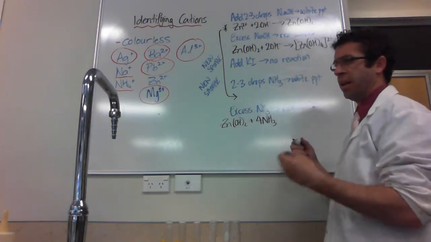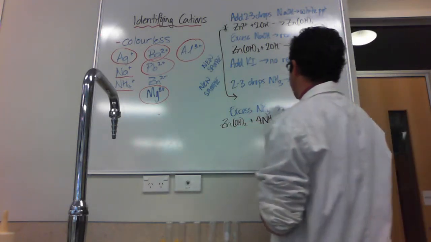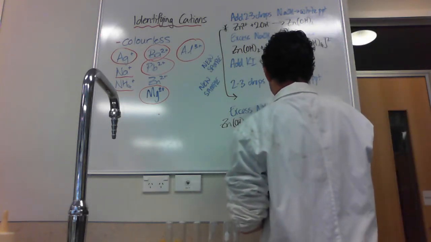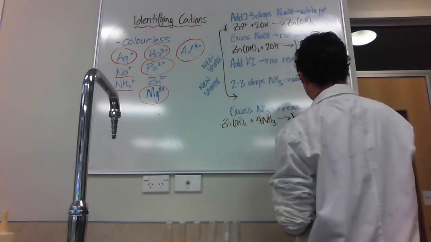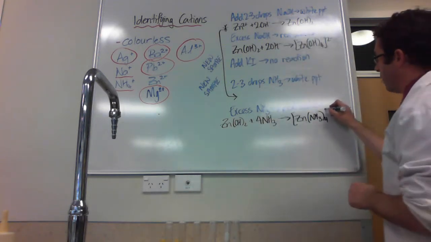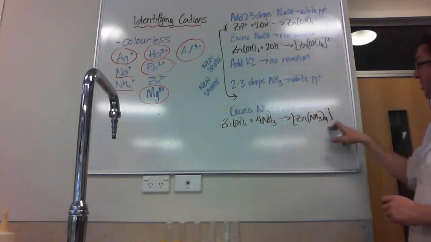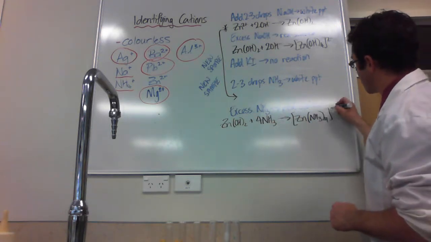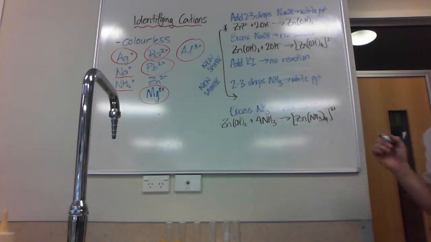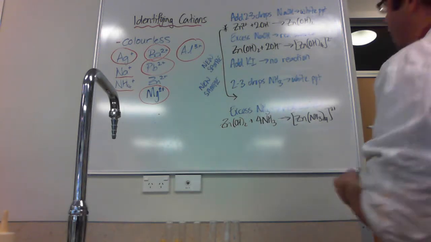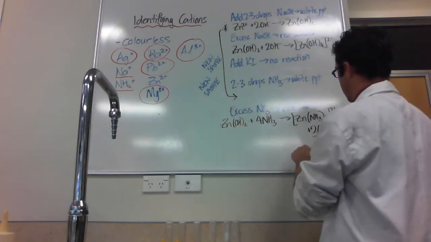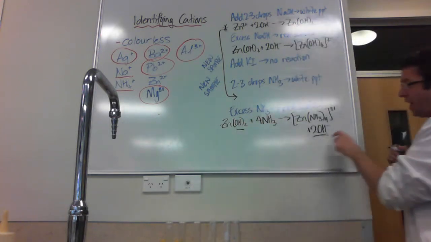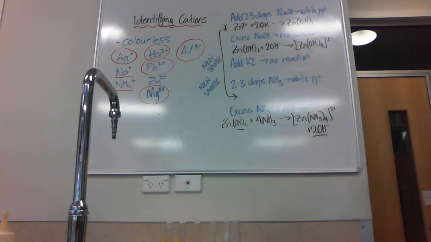Nice little rhyme as well. Unsure, it's 4. What that's going to make is this complex, Zn(NH3)4. Now, ammonia is a molecule, no charge. So this thing has got a 2+ charge. Now, here's the thing that most students forget to do, and it costs them excellence. There's 2 hydroxides there, so you need to put the 2 hydroxides as a product as well.